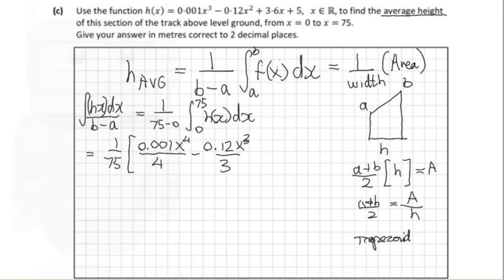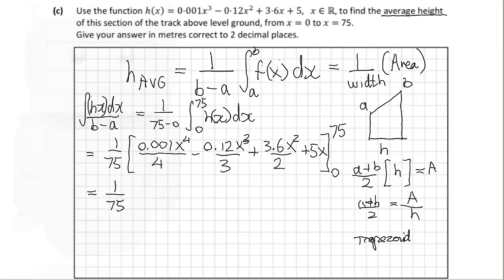And we have plus 3.6 x, which will go to x squared over 2. And 5 will go to 5x. We write the limits here, 75 and 0. All we need to do is put in the 75 because 0 will not give an output. So do your calculations.